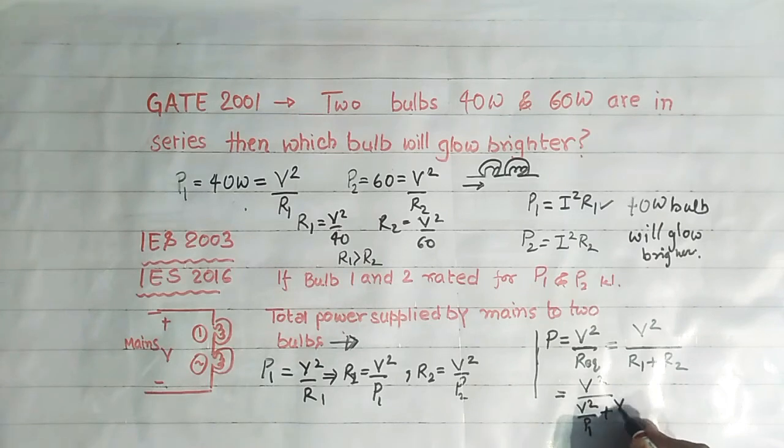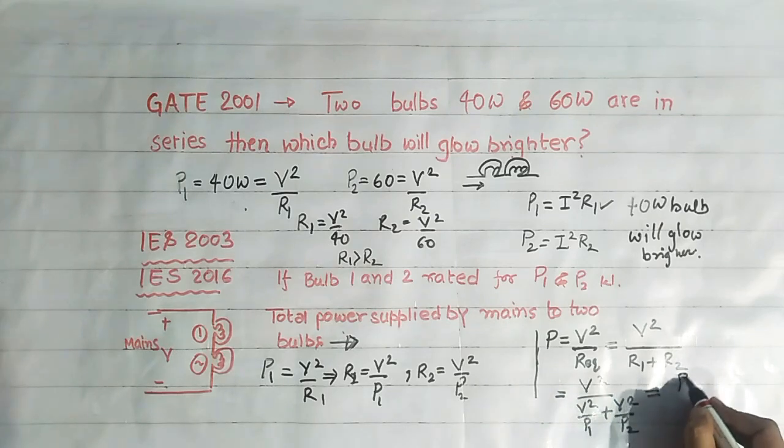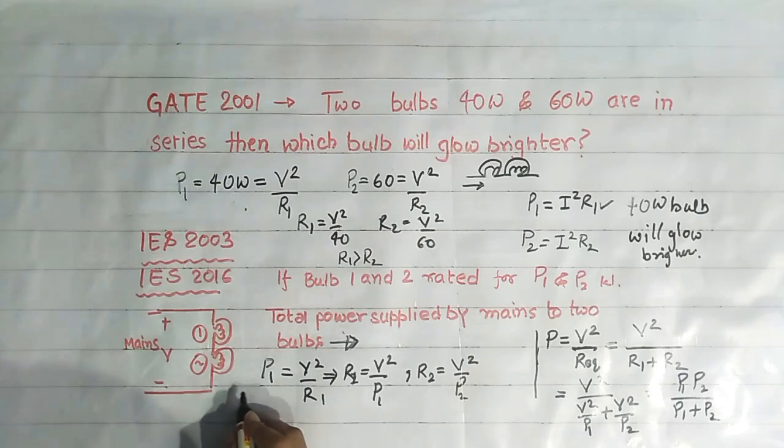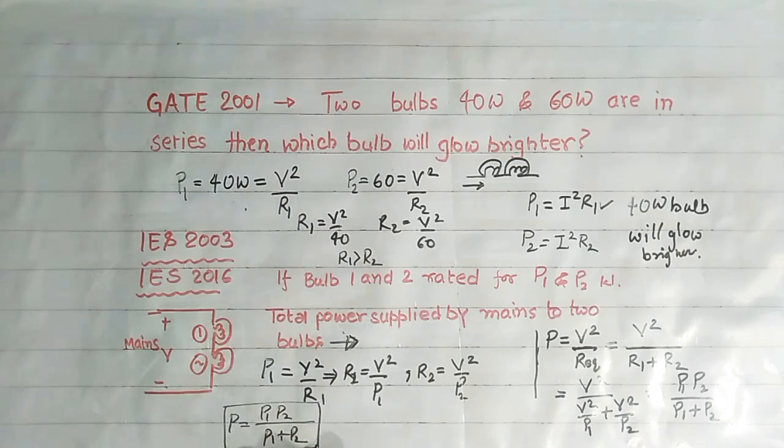And what is R2? That is equals to V square by P2. So take V square common and cancel it. We get P1 P2 by P1 plus P2. So in this case, total power P is equals to P1 P2 by P1 plus P2. So this is the answer of this question.